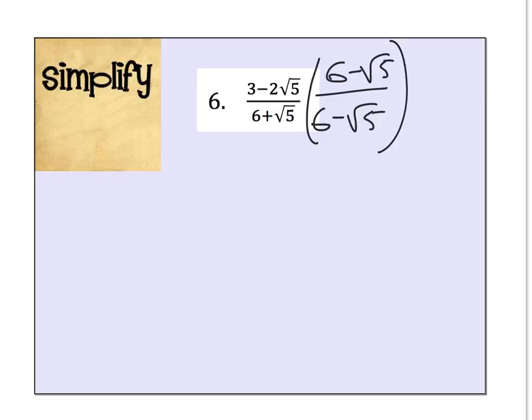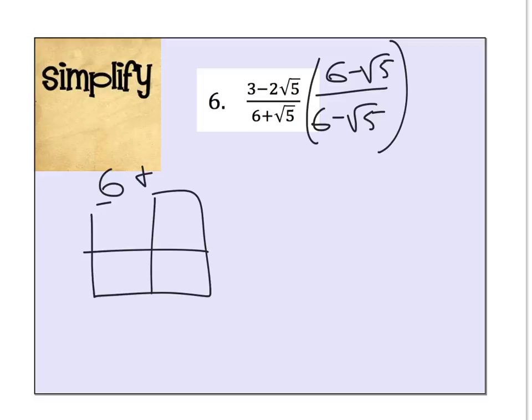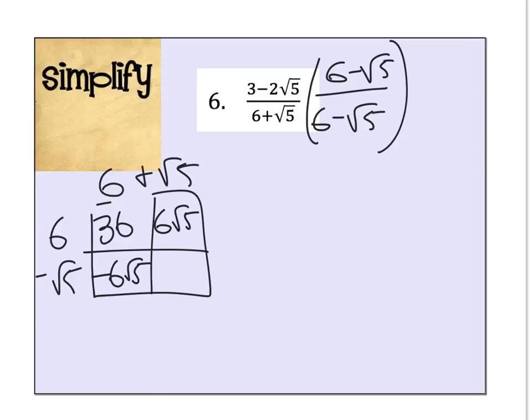All right, so on the bottom, 36, 6 square root of 5 minus 6 square root of 5 minus 5. So that cancels out. 36 minus 5 is 31.